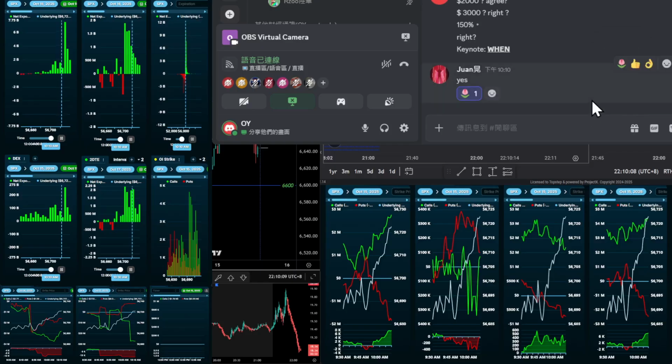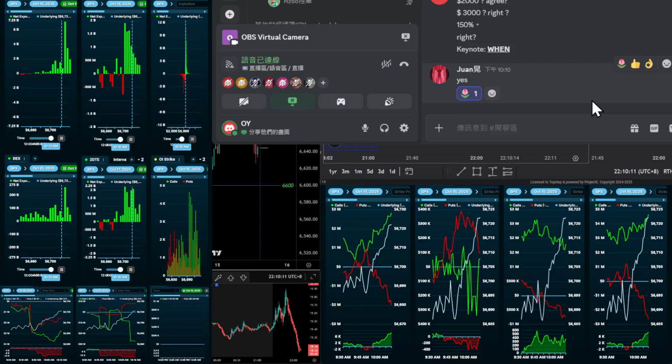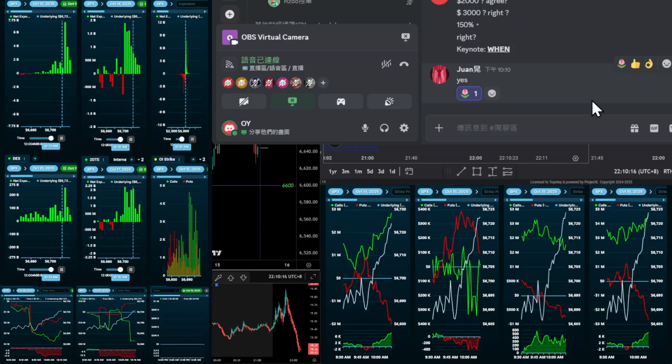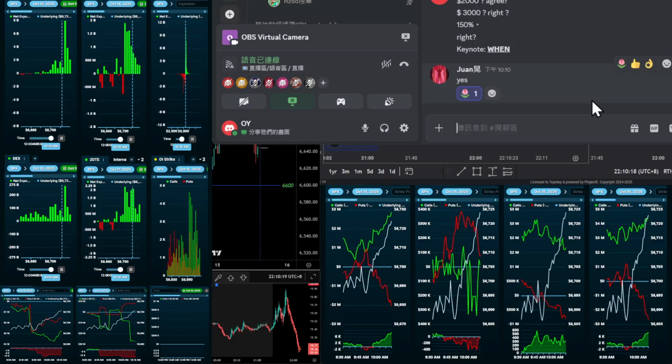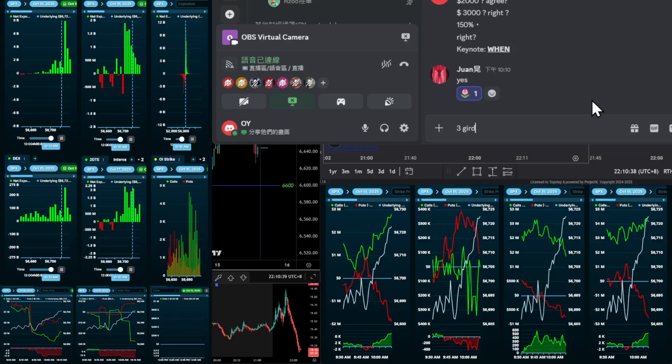So, based on the understanding we are talking about, what is the information you learned? What is the information? Which is 3 grids, one direction.